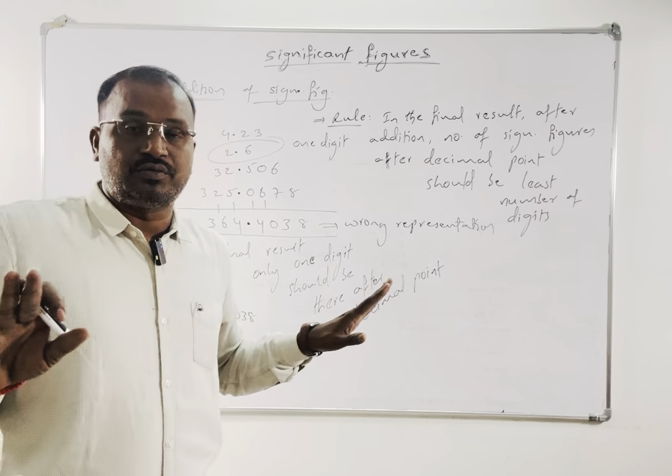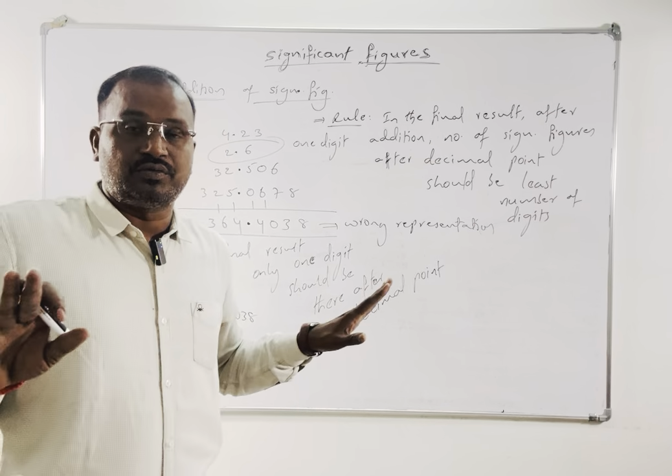If any digit which is less than 5 is there, to round off that one, the before digit should be as it is. No need to increase. So this 40 becomes 0. Then it will be 364.40. Still it is not the correct answer. We have to do one more rounding off. Why?